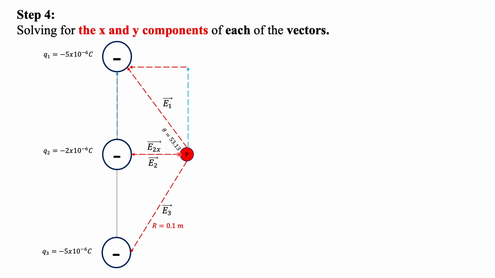So if you're looking for the relationship of the angle, E2x and the angle are adjacent. So from the mnemonic, it's the ka. Kasi yun yung nag-contain ng adjacent na component. So that means the cosine of the angle, which in this case is 0, because that's the angle between the source charge Q2 and the field point.